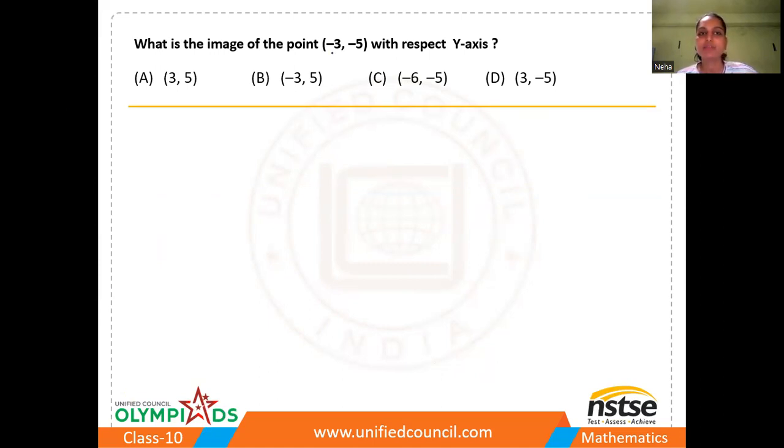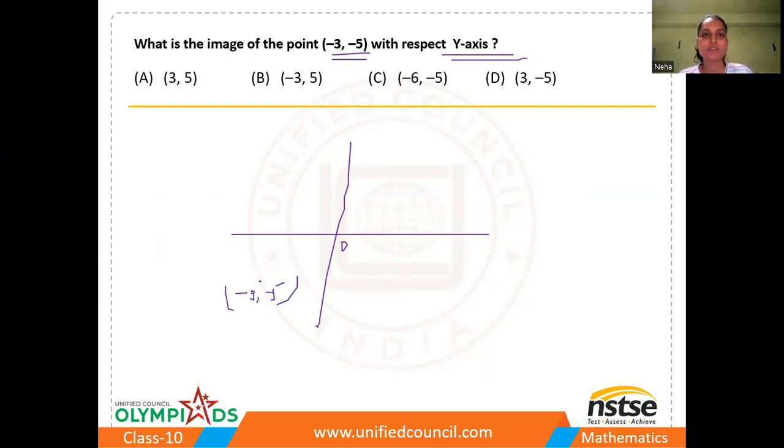What is the image of the point -3, -5 with respect to y-axis? I think this question is quite simple. These are your coordinates, and -3, -5. This point will lie in this coordinate, right? They are asking for the image with respect to y-axis. So this is your y-axis.